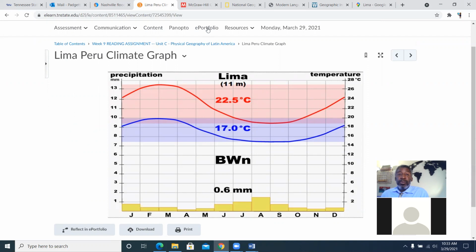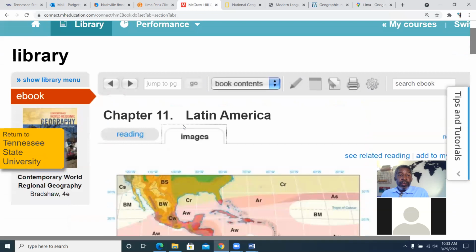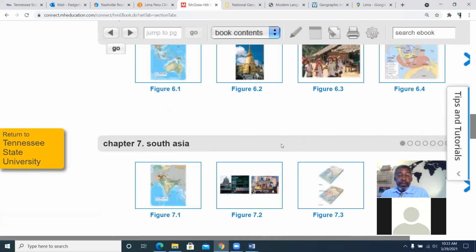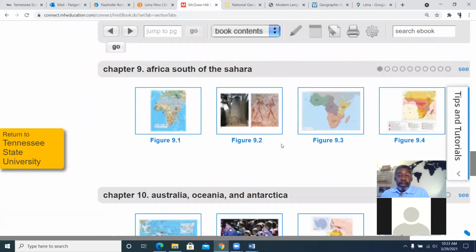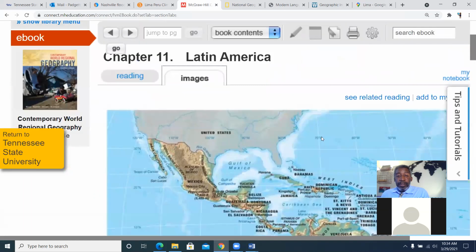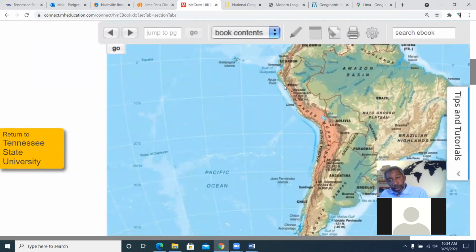If we're going to be more specific, let's go to the first image for chapter 11, image 11.1, which describes some of the physical regions of South America. Notice this region on the west coast of South America is a desert. It's specifically the Atacama Desert, one of the driest places on Earth.